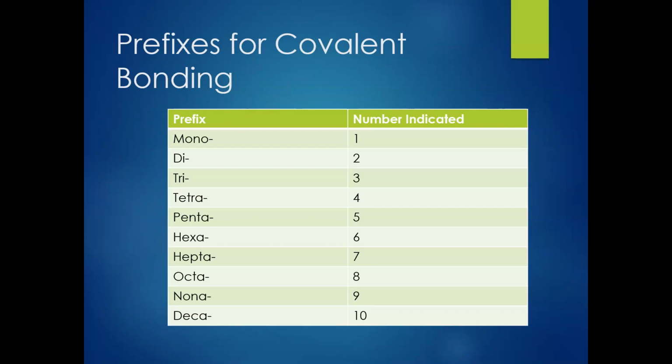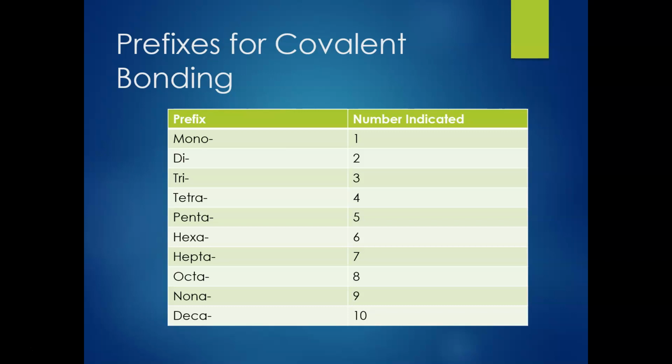The rules for naming covalent compounds are different than the rules for naming ionic compounds. Most students find them easier though. When it comes to naming covalent compounds, it's all about the prefixes. You look at the number of something you have in a formula, and you use that prefix to name it.